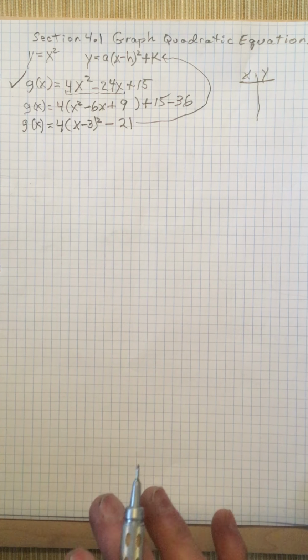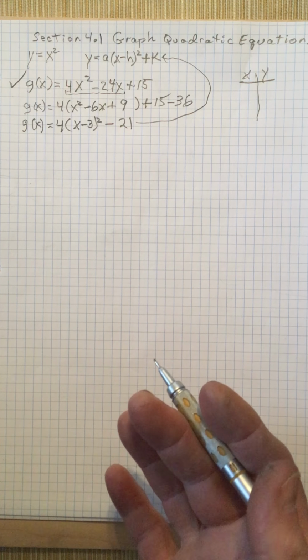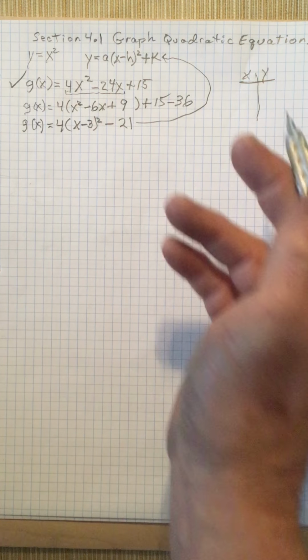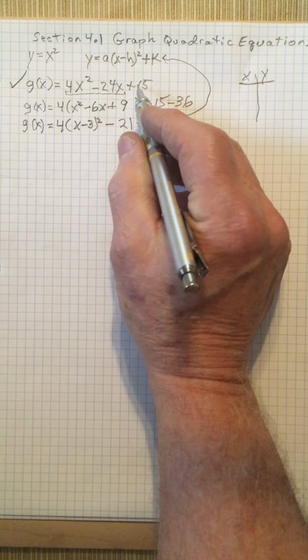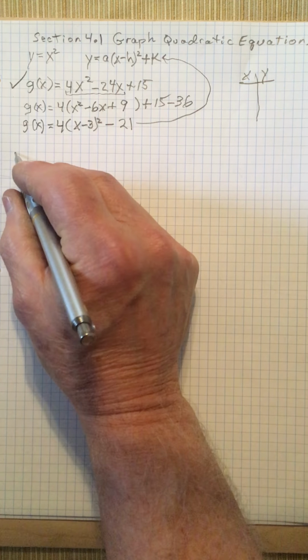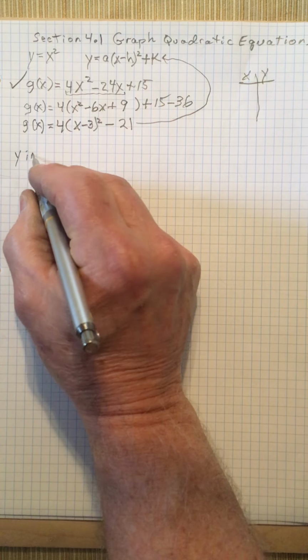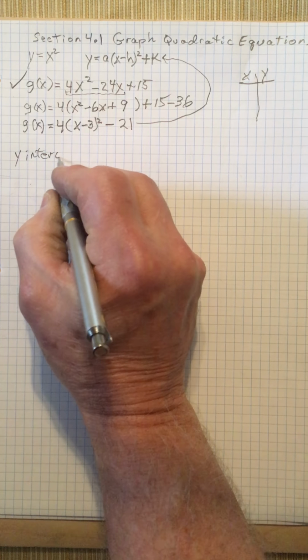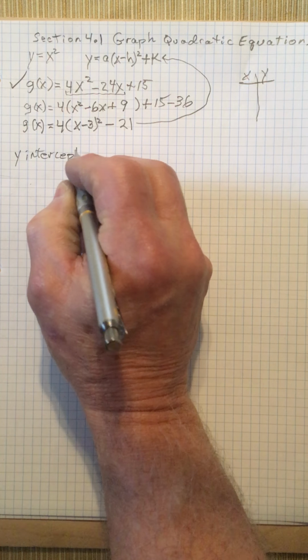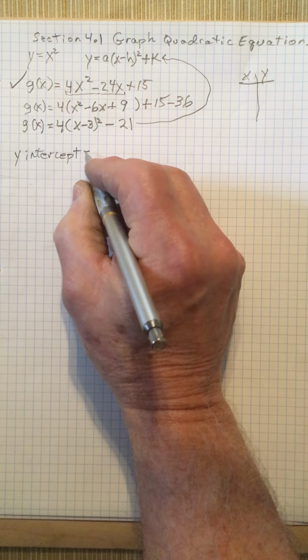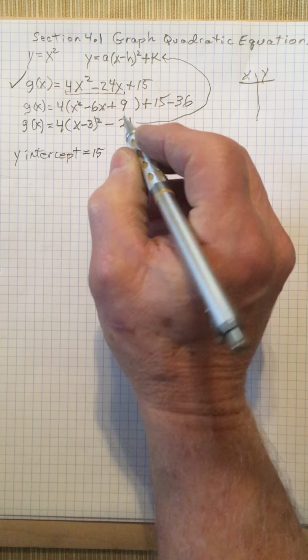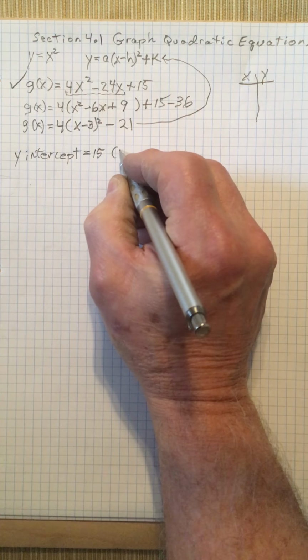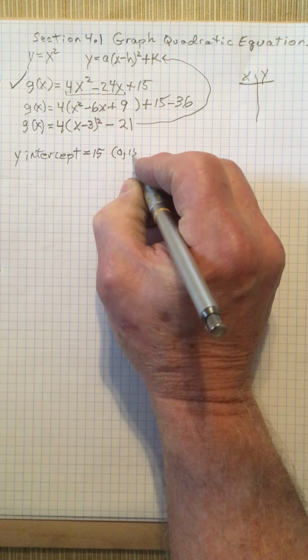All right, first thing, last time we talked about the y-intercept, so that's just c. So we already have that. So we got a point right now, we didn't have to do any work. Y-intercept is 15, so we'll eventually plot the point x equals 0, y equals 15.